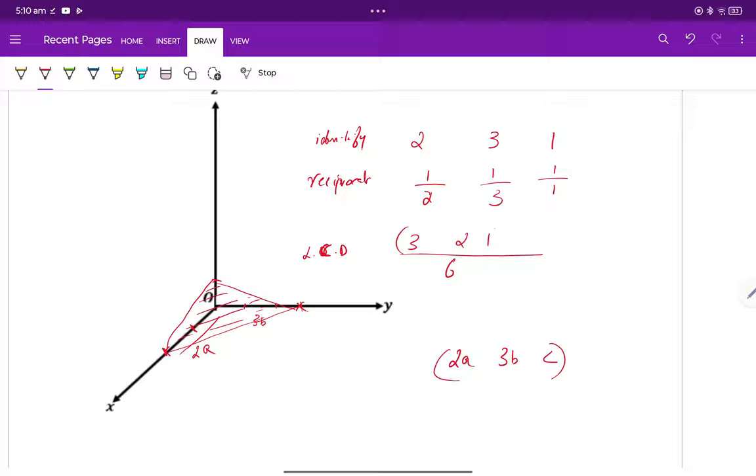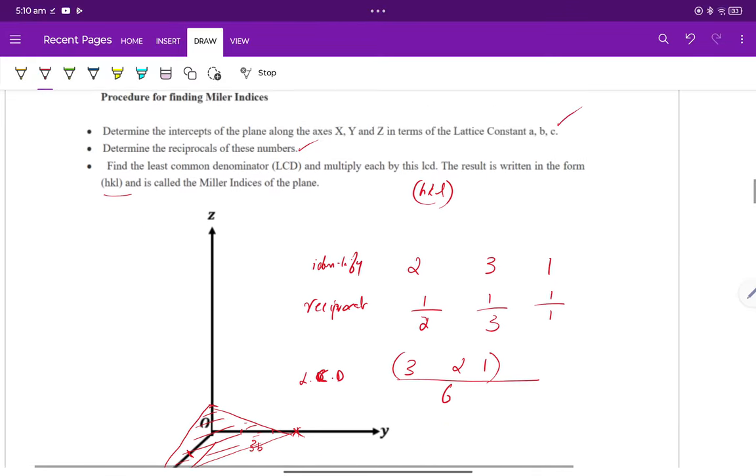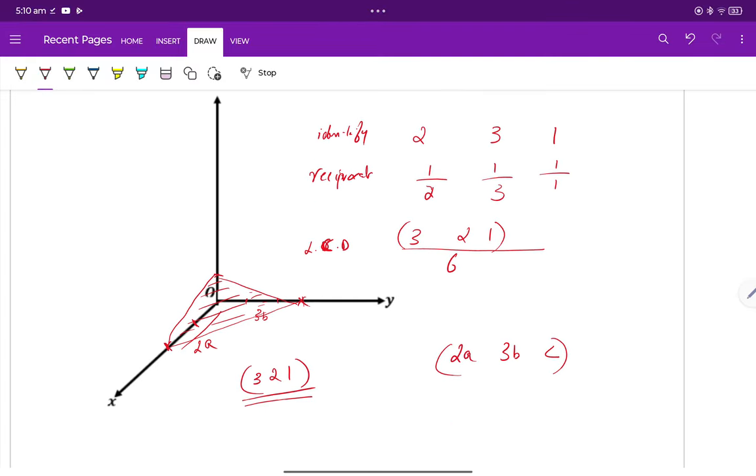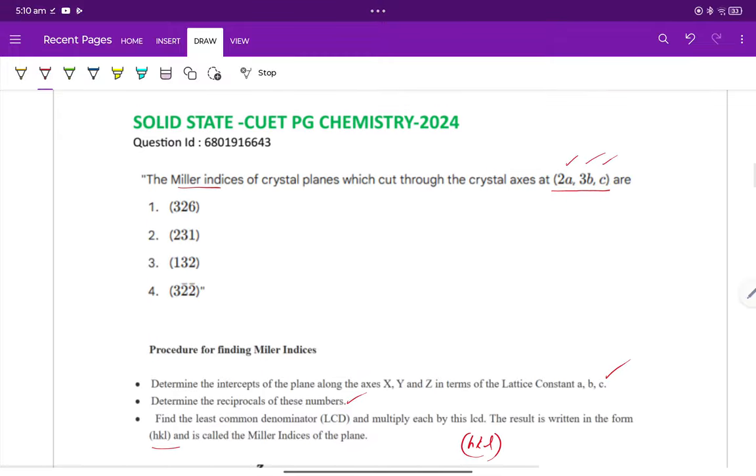So this is your Miller index, which is 3, 2 and 6. Sorry, I said 3, 2 and 1 earlier, but it is 3, 2 and 6, because 1 goes 6 times in 6. If you check the options, this is the right answer.